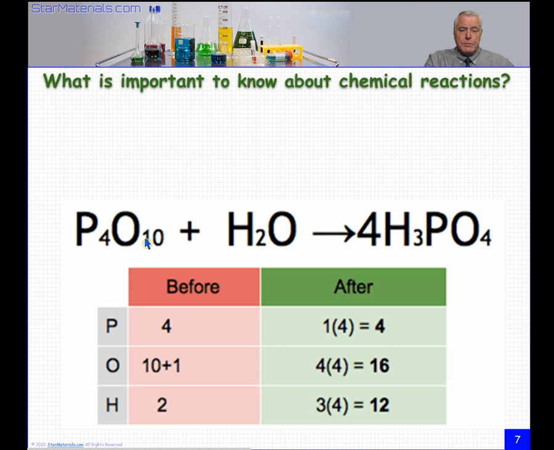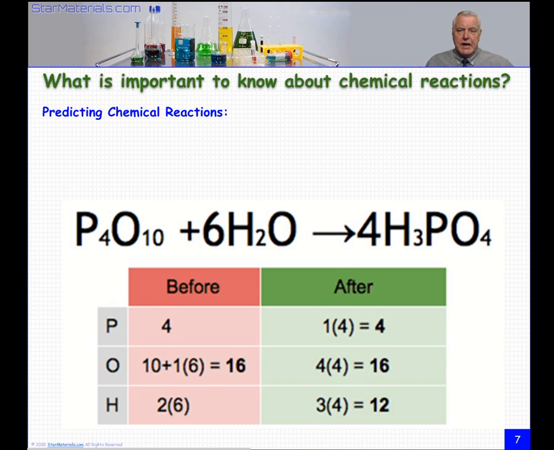So the total number of atoms on the left side and the total number on the other side, what you start with, what you end with, they have to be equal because you're not going to pick any up or lose any. You're not going to create any nor destroy any. You're going to rearrange these in a chemical reaction.